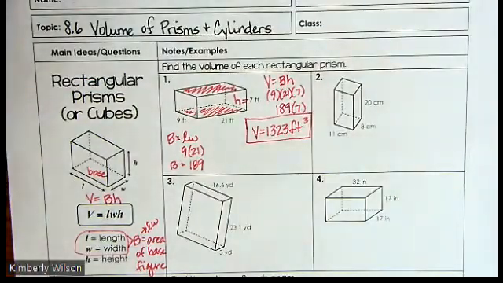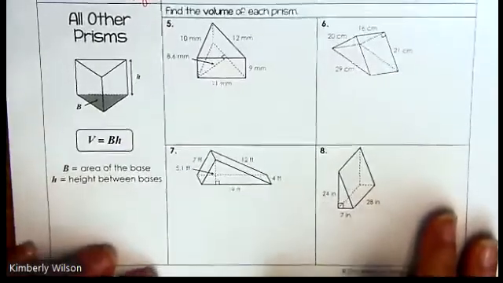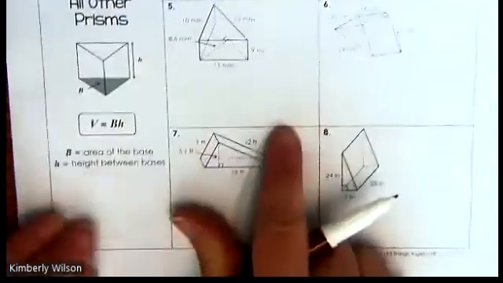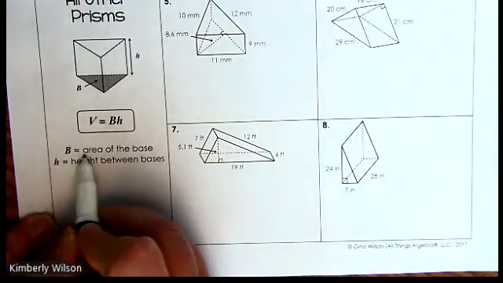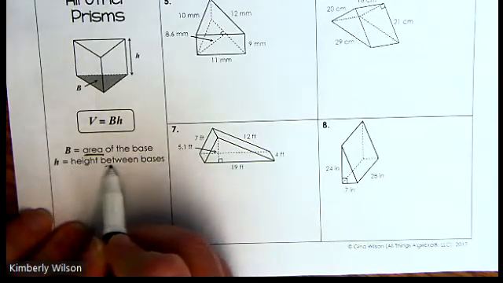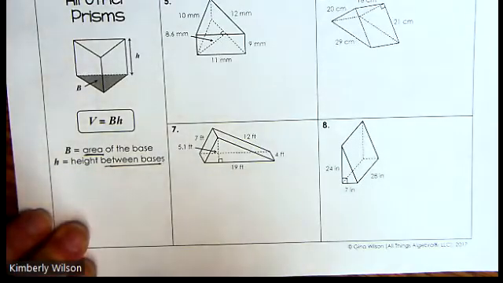Now, when it comes to a triangular prism, you kind of have to do it separately. Or you can just plug it in and have it all as one formula, but that's a lot of information in one situation. Here we go. Let's look at number 5. Okay, this is all other prisms. Any other prism, it's the capital B, which we talked about, that's the area of the base, and the height, which is between the two bases.